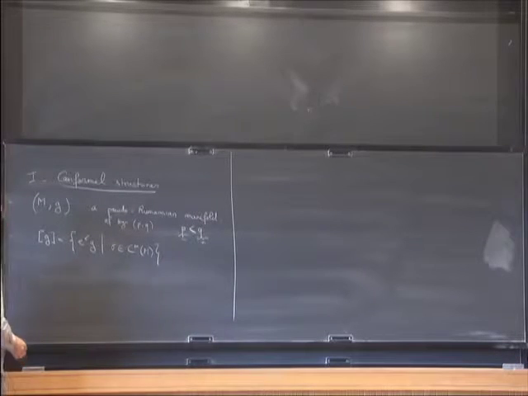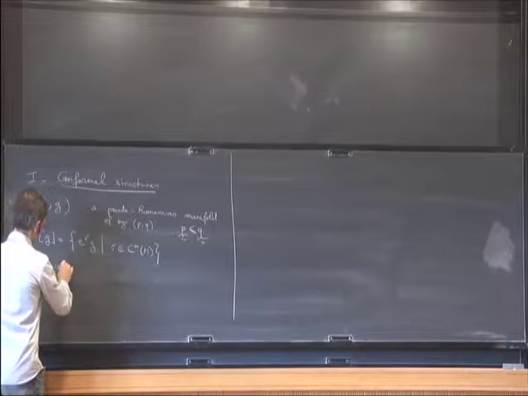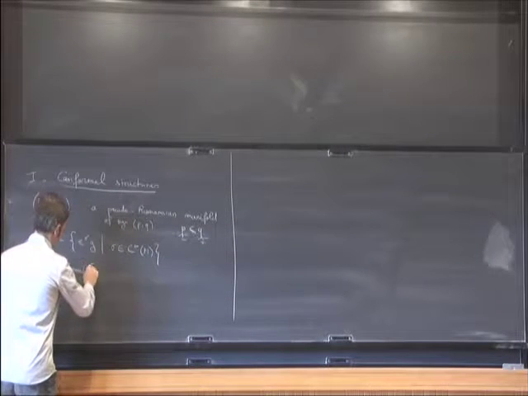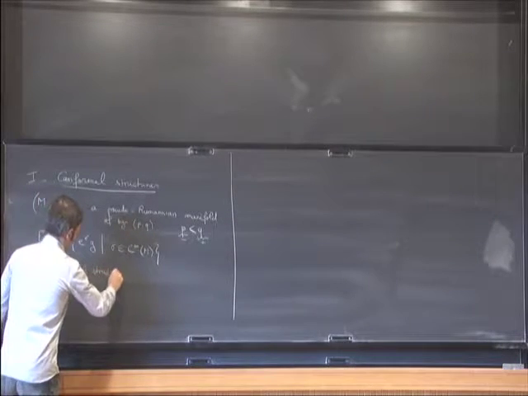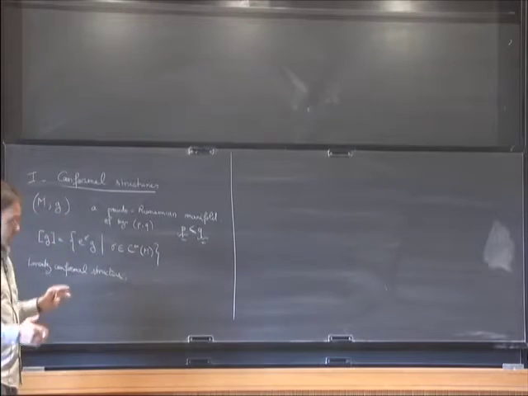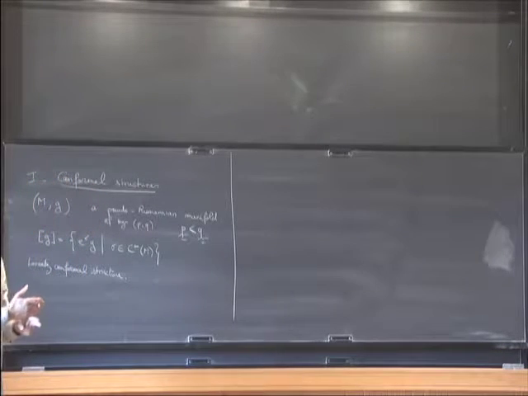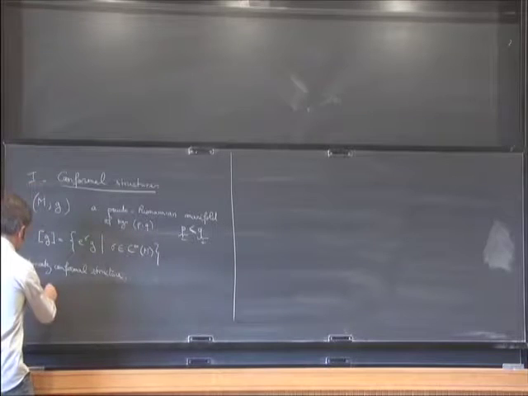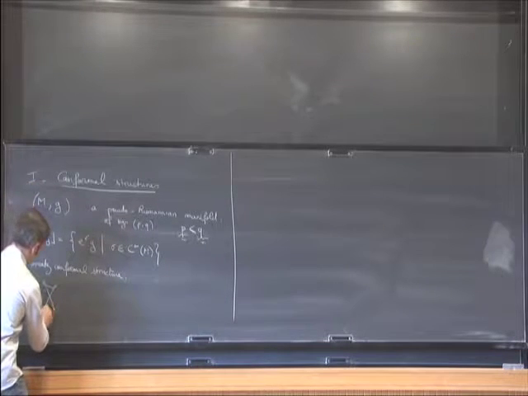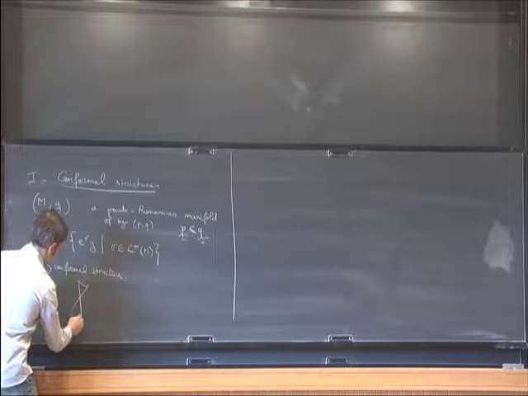Maybe it's worth saying roughly what the idea of a conformal structure is in Lorentzian geometry. If you have a Lorentz metric on a manifold, you get on each tangent space a null cone. So the Lorentz metric defines a distribution of null cones on your tangent bundle.